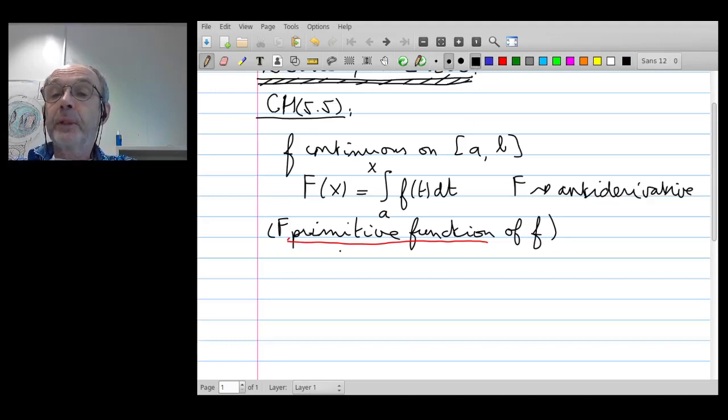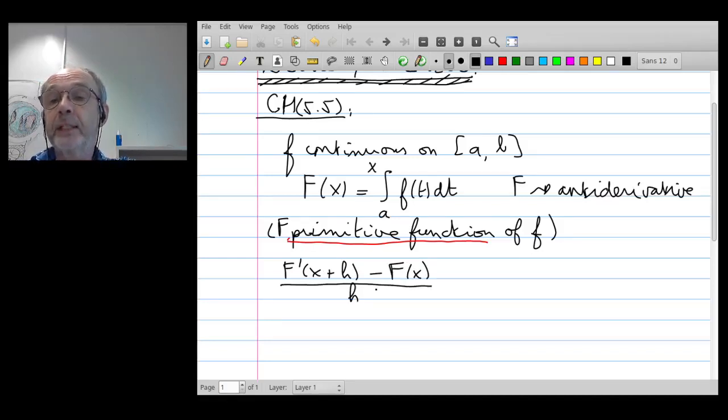What can we do further on? What can I show you that we have already done in the lecture before? If we change the upper boundary a little bit, x plus a little step h, and we subtract the primitive function, we fill in x plus h, and we subtract the function of x, and we divide by h, then we can take the limit for h going to 0.